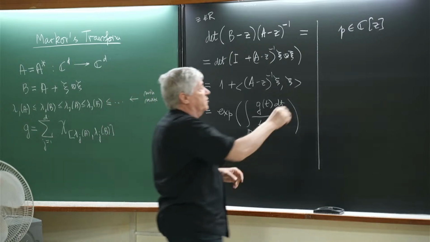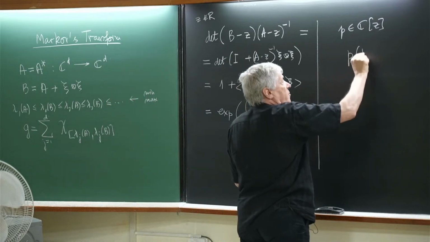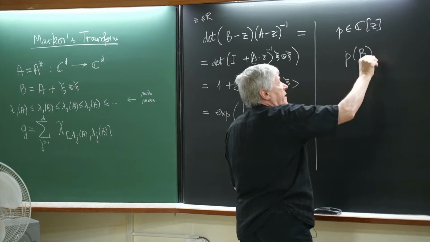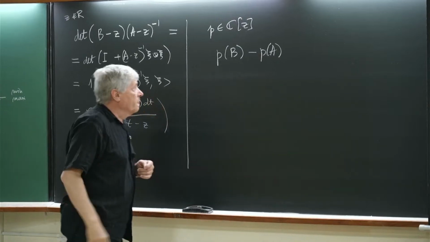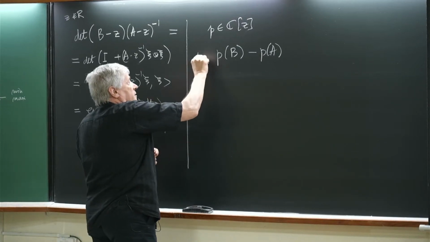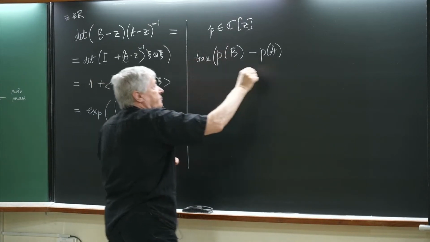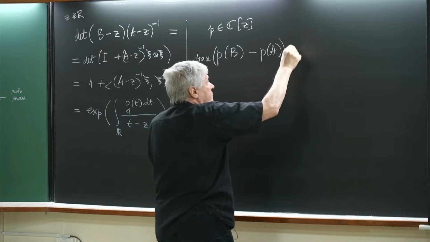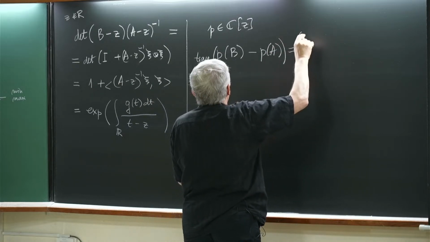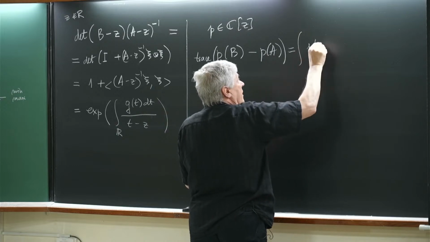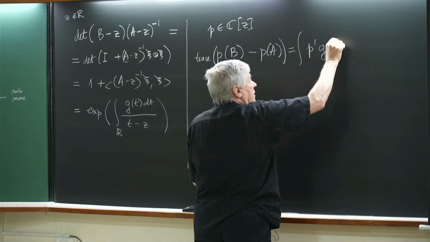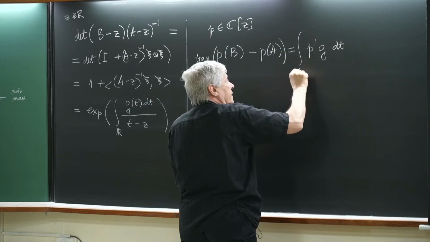If we compute a polynomial in the perturbed operator minus the polynomial in the original one, and we take the trace, this is precisely the integral of p prime times g dt on the line.